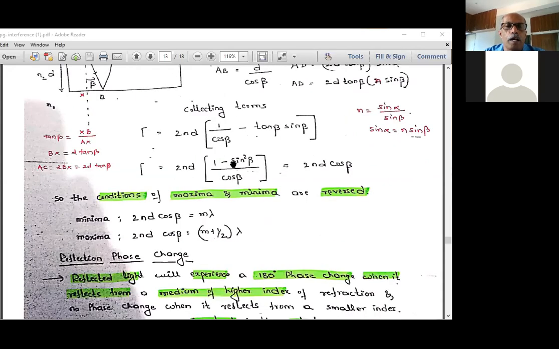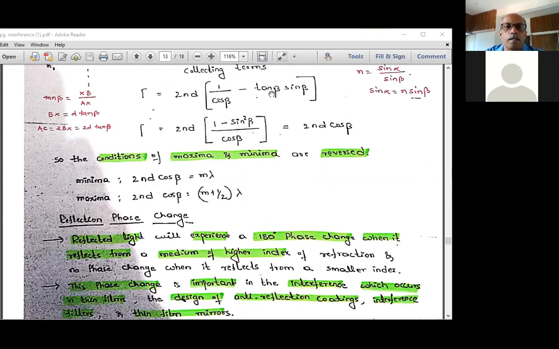Therefore, sin beta tan beta I write as sin beta by cos beta. The denominator is the same, cos beta, and we have added the numerators. We get 1 minus sin square beta. 1 minus sin square beta is nothing but cos square beta. Cos square beta by cos beta will be cos beta. Therefore, the optical path difference is equal to 2dn cos beta.